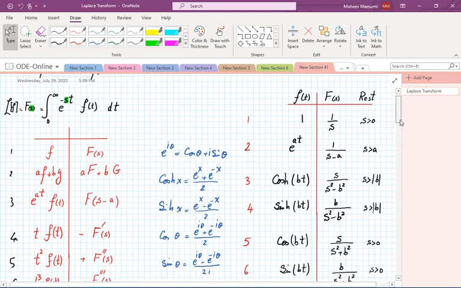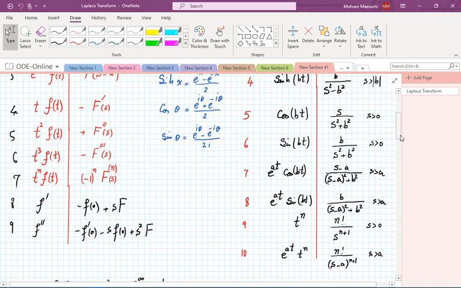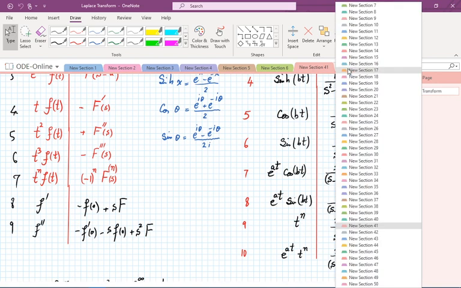Where did we do the polynomials? Here, or down here. So for the polynomial t to the n, the transform is n factorial over s to the power of n plus 1. So the power of t is 1 less than the power of s. Over there I had s to the power of 4, so this is going to be t cubed. 3 factorial is already taken care of by that factor of 6 I had over there. So I'm all set.